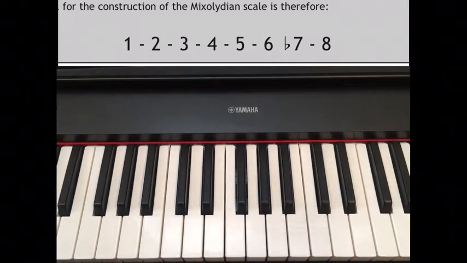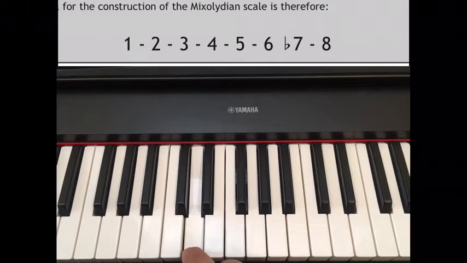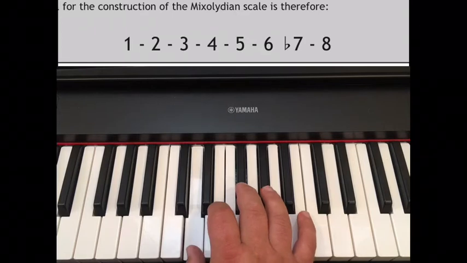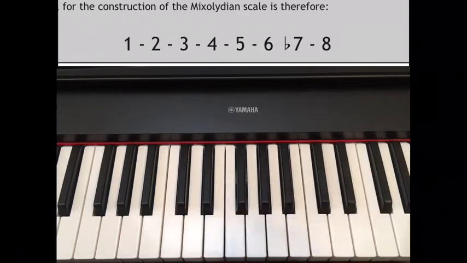The other way to understand it is using a variation of the major scale starting on the same note. So a D Mixolydian scale is just a D major scale with the lowered 7th, with the flat 7.